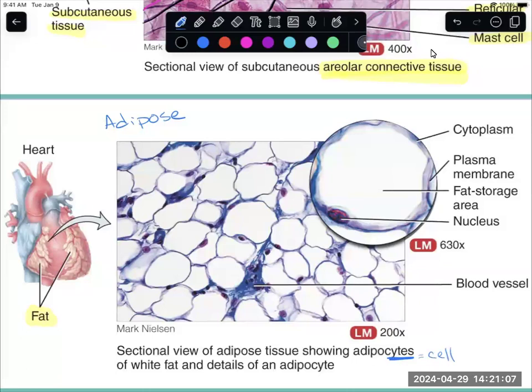What makes a fat cell different? They look like big white bubbles. Their nucleus is towards the outside. It gets pushed all the way to the outer edge of that specific cell.